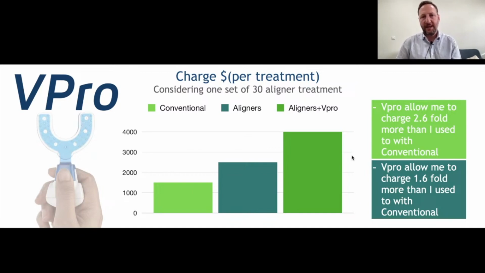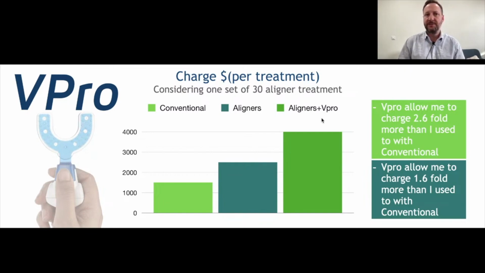Besides that, since I'm adding value when I moved from conventional to aligners, this differentiating factor allowed me to charge a little bit more for the aligner treatment. And when I added Vipro, I was different from my colleagues in my city. A lot of them were using it too, but I was charging more for each patient.